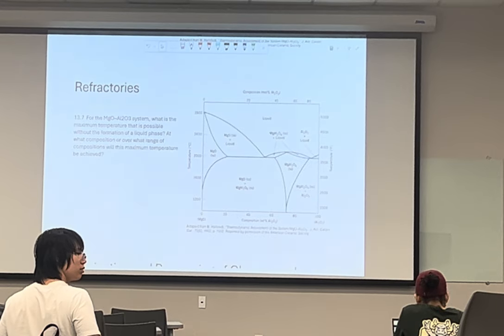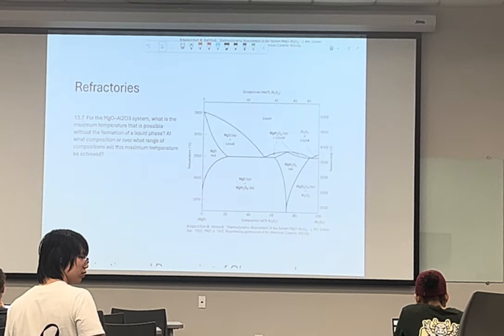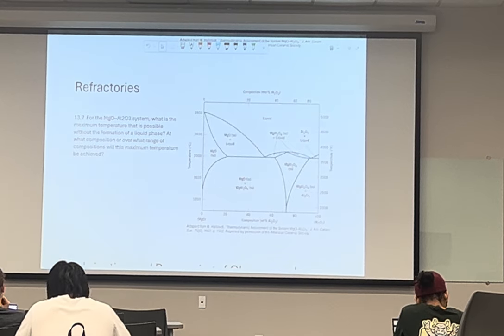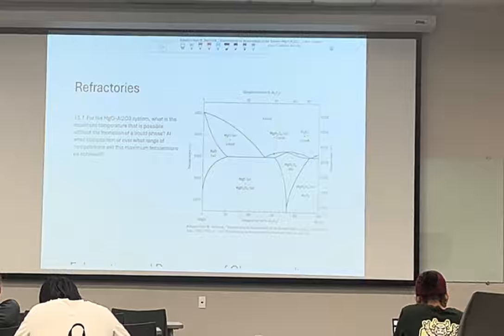What is the maximum temperature that is possible without the formation of a liquid phase at all? And at what composition or over what range of compositions will this maximum temperature be achieved?